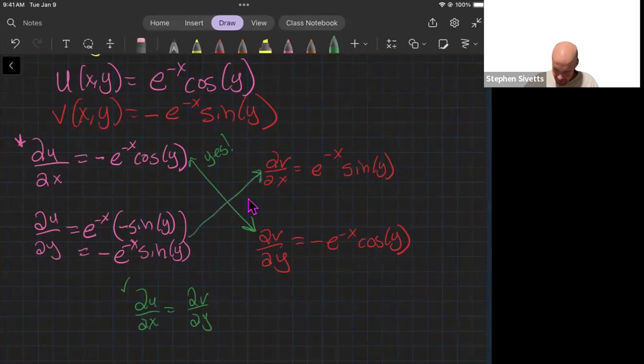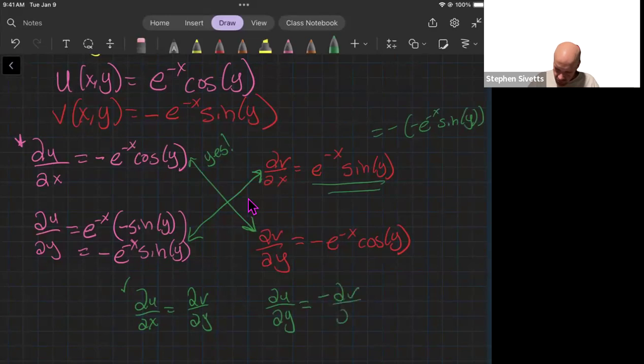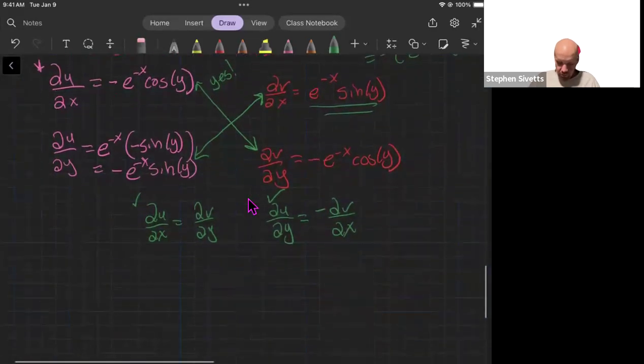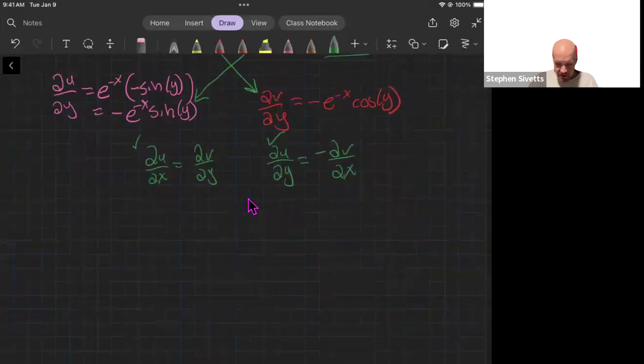Notice here, the partial of v with respect to x is e to the minus x sine y, and that is equal to minus the partial of u with respect to y. So we also have the other relationship. Therefore, they satisfy the Cauchy-Riemann equations.